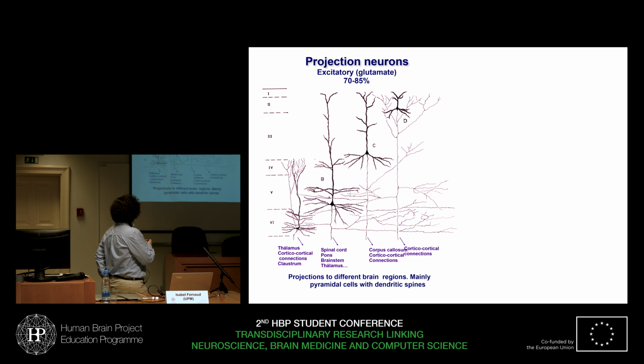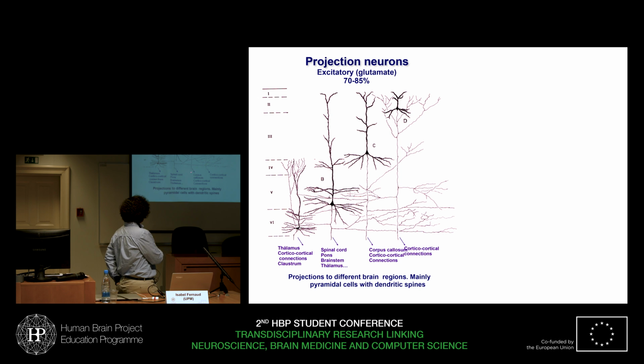from the very beginning, neurons were classified into two big groups. The projection neurons were the pyramidal cells. They were excitatory, most of them, and they constitute about 80% of the neurons of the cortex.